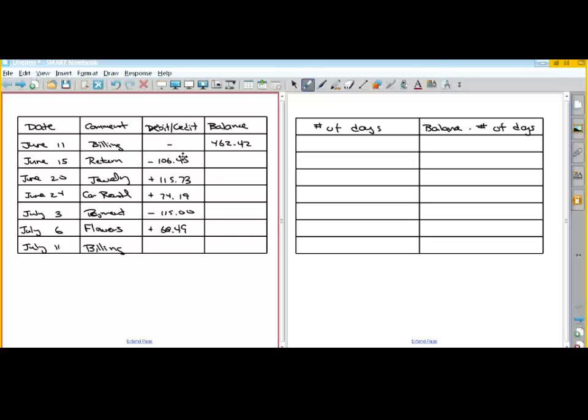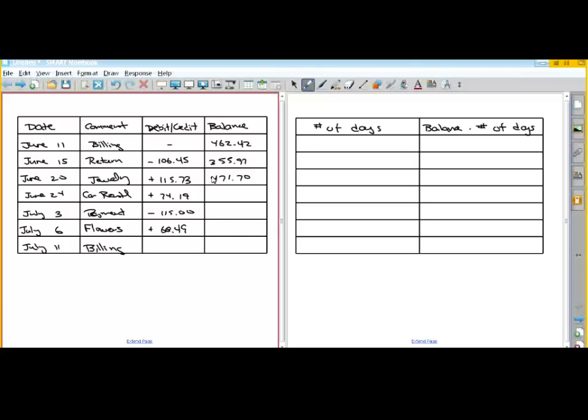Okay, so what we're going to do is take this number and add that number, going back and forth diagonally. So we're going to take 462.42 and subtract 106.45, and I get 355.97. Then we're going to add 115.73 to the balance. So that's 471.70.